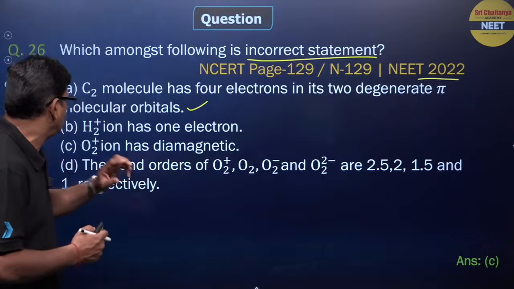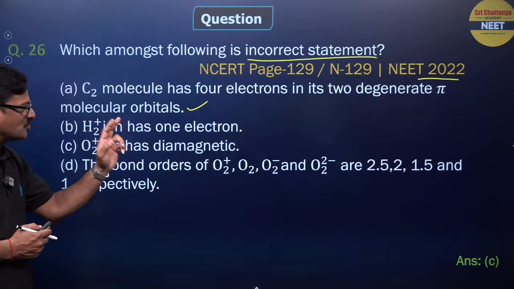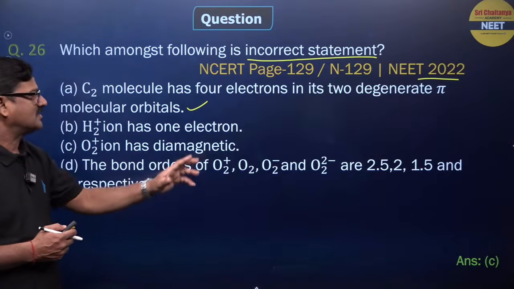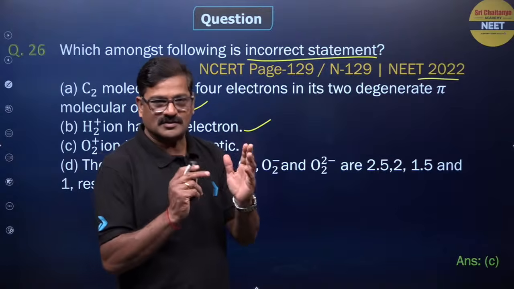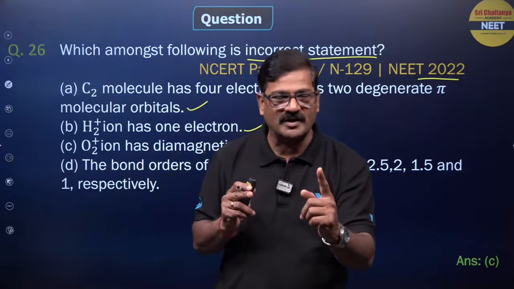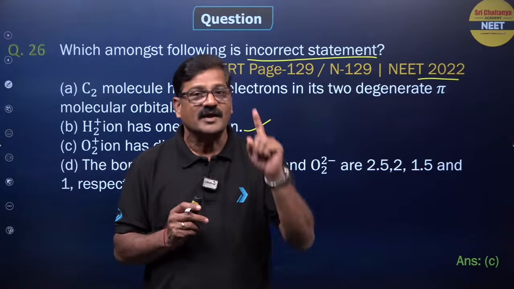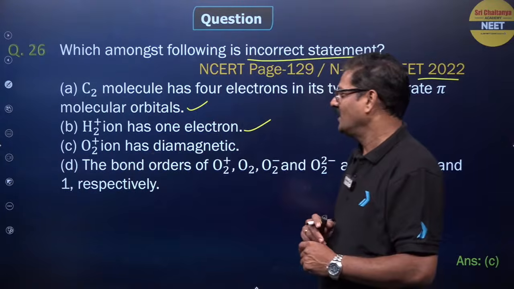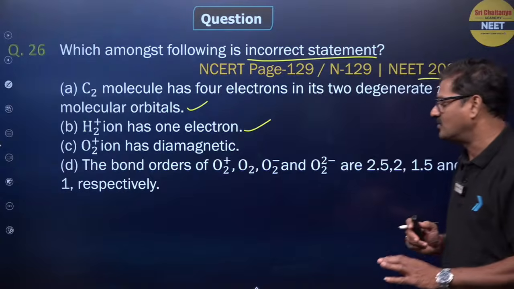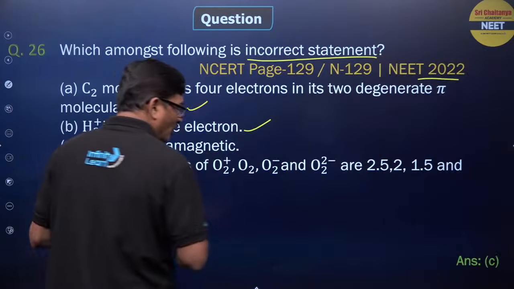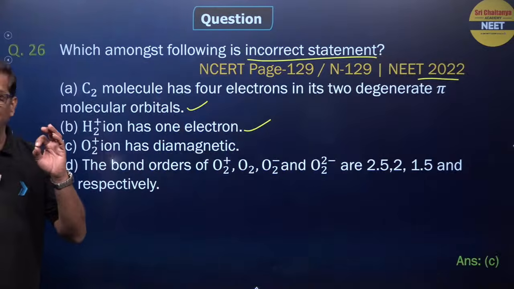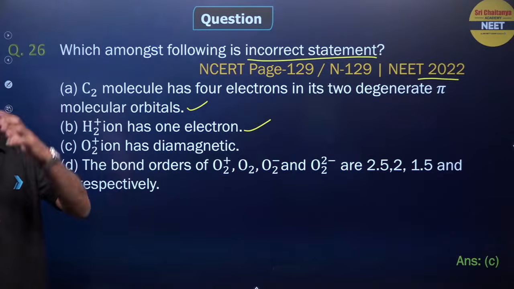The H2 plus ion has 1 electron, as hydrogen and hydrogen combine to form the H2 molecule, which has 2 electrons, but H2 plus has only one electron. And O2 plus is diamagnetic? No, O2 plus is paramagnetic.